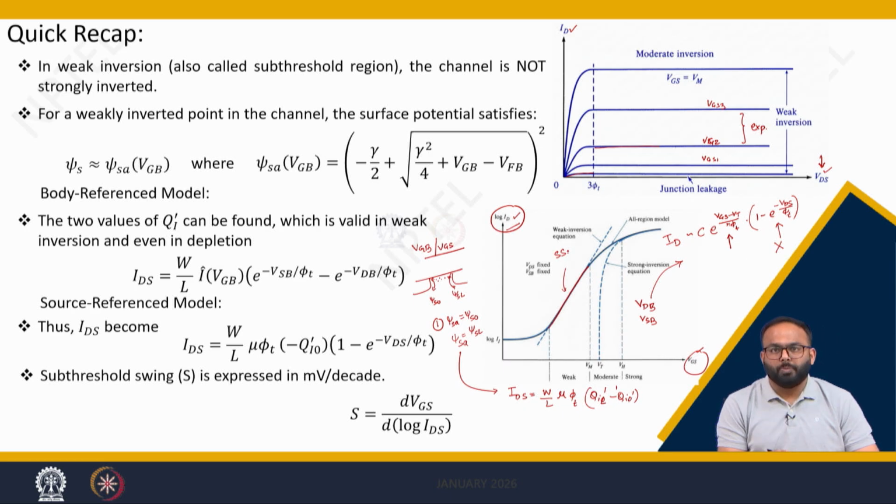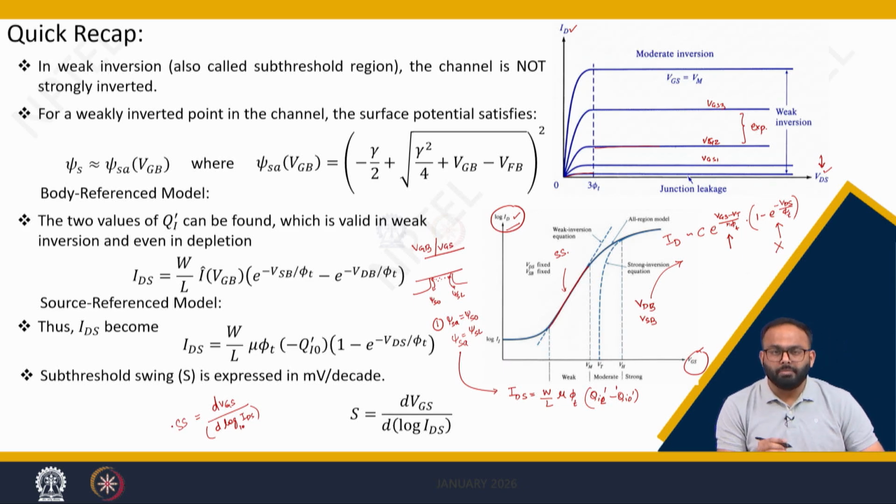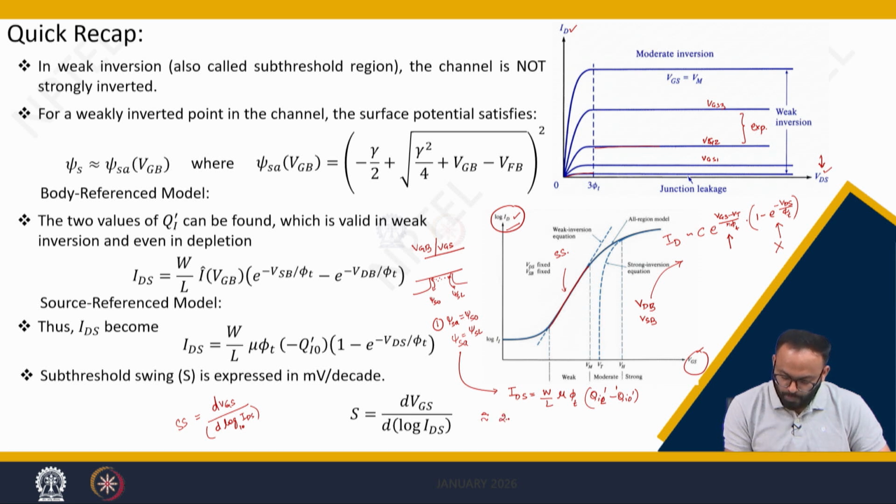The subthreshold slope can be defined as the change in gate to source voltage required to change the current by one decade, log of IDS, this is log 10. We said that the minimum limit of the subthreshold slope for a conventional MOSFET is 2.3 into n into phi t. Considering n equals 1, this will give you 60 millivolt per decade.